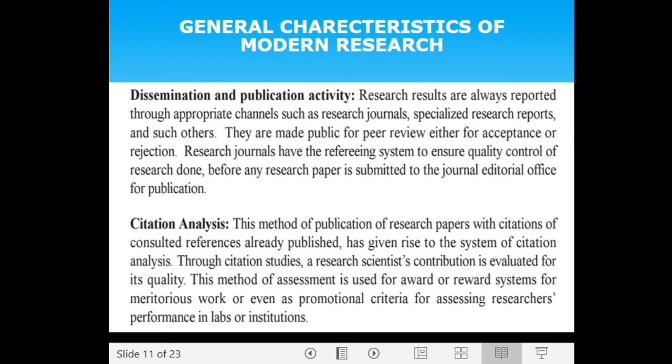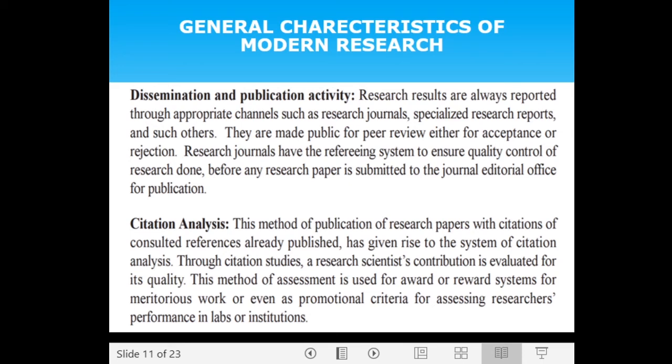And then citation analysis. While studying bibliometrics, you will read this topic in more detail. Once you publish an article in a journal, citation is the only way to determine whether that particular research has had its impact or not. It has been seen or not. Citation is a method of referencing already published work in a research paper.